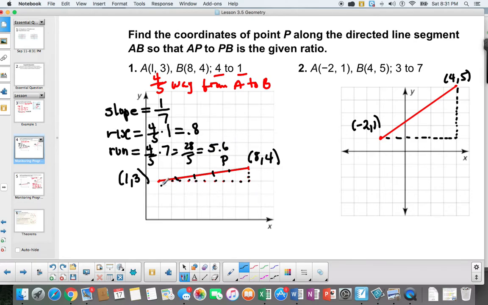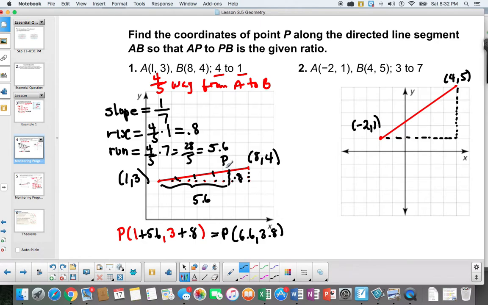So I want to go 5.6 over, and then go up 0.8. Remember, I'm starting at the point 1, 3, and my run will be to add 5.6, and I go up 0.8. So my P will be 6.6, comma 3.8. Those are the coordinates for point P.